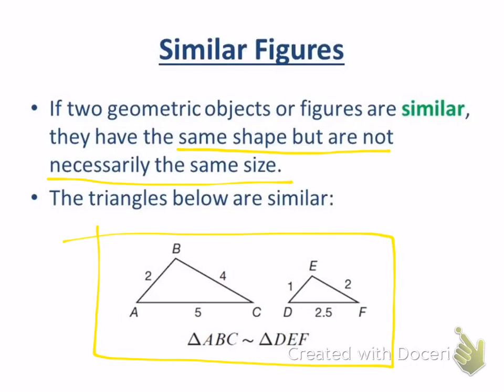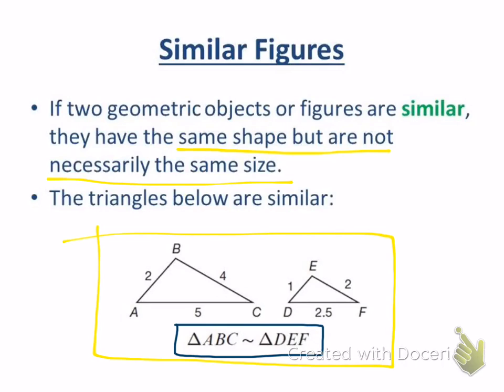All right. The triangles below are similar, and this statement right here is called the similarity statement. The way we read that is triangle ABC is similar to triangle DEF. That symbol there is the similarity symbol.